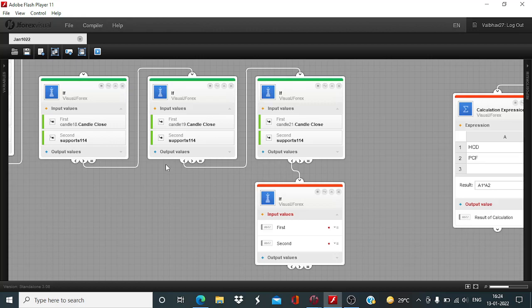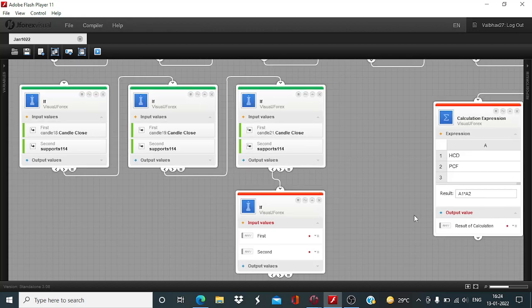Candle 19, candle 21, both these candles have their closing values less than the S1 level.